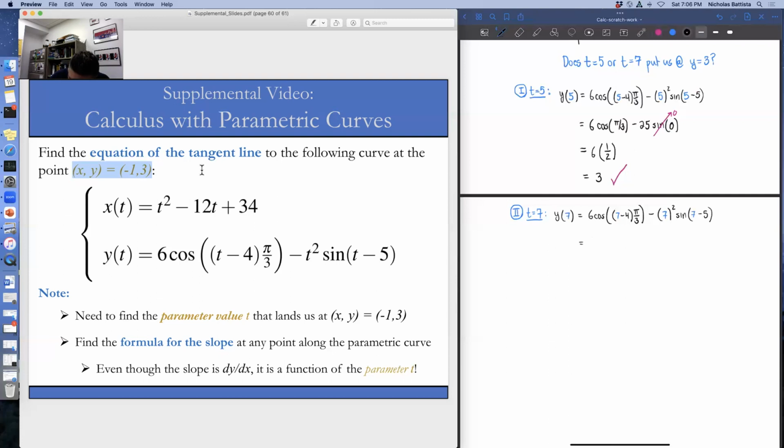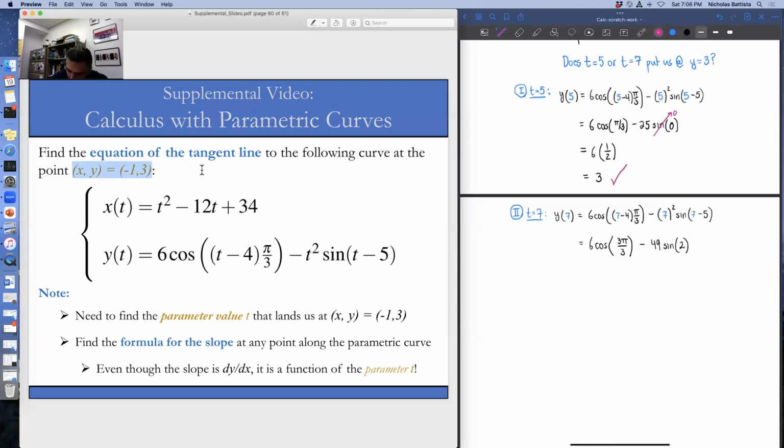All right, we have 6 times the cosine of the quantity 7 minus 4 times pi over 3. 7 minus 4 is 3. So this looks like 3 times pi all over 3. All right, we'll be able to do some simplification there. 7 squared is 49. And then we have sine of 7 minus 5, or sine of 2. All right, let's see what this is equal to.